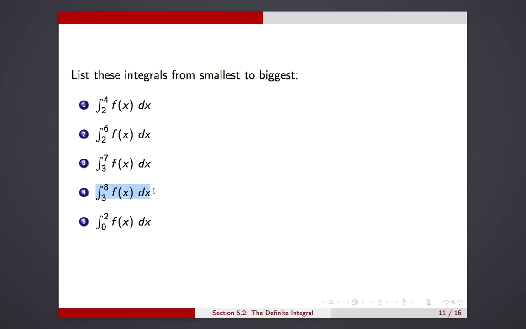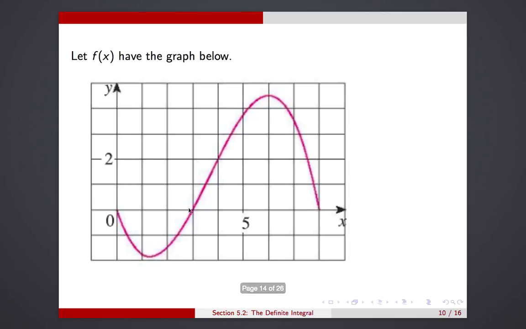Oh, and from 3 to 8, that must be even bigger, because from 3 to 8, that just goes this whole length of this positive area. So it looks like from 3 to 8 is the biggest possible area we could get no matter what.